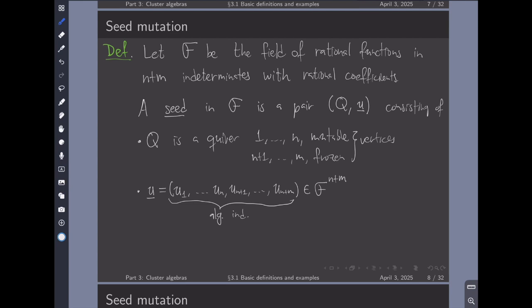In this case, of course, over Q. If I had decided to take, let's say, complex coefficients, then I would take algebraically independent over C, for instance. Some people request that this generate the whole field. I don't care too much. So that's a seed.